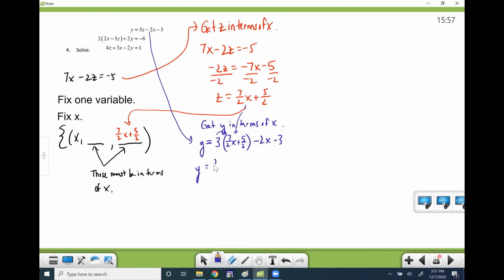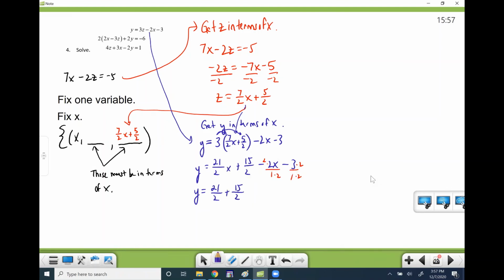3 times 7 is 21. 3 times 5 is 15. Okay, I'm old school because we weren't allowed to use calculators when I went through. So I'm going to go ahead and get common denominators here and here by multiplying by 2's, you guys.